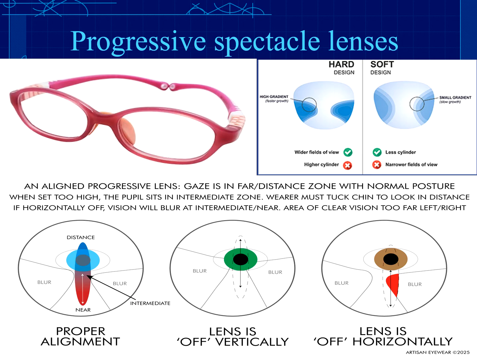The complication when we use progressive lenses for kids is that the small frames with a small eye size should contain far, intermediate, and near vision reading.